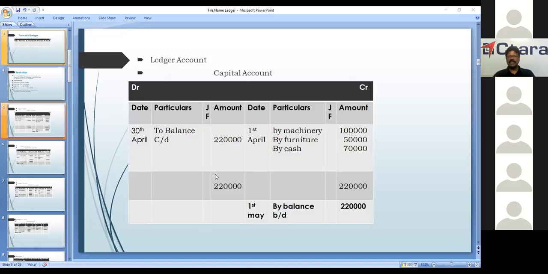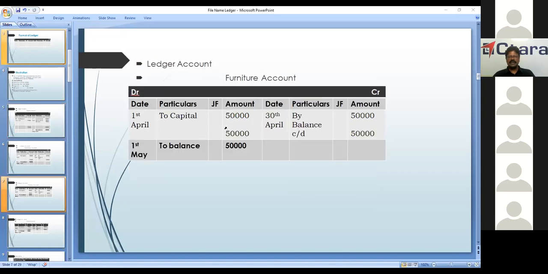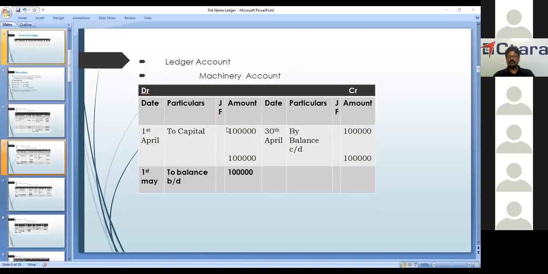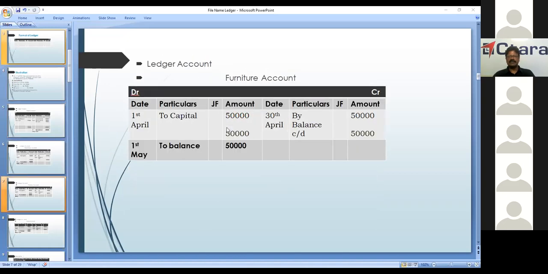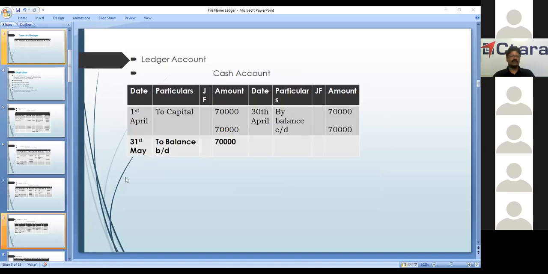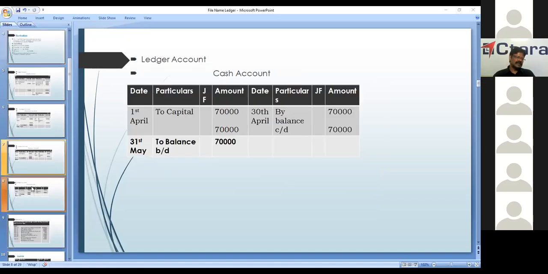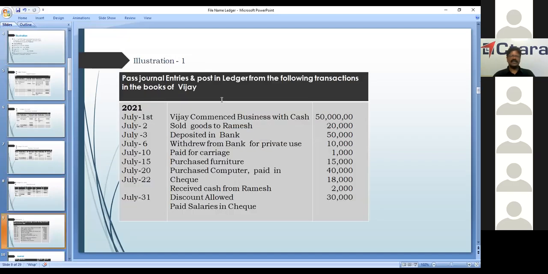And then we have opened 4 ledgers: capital account, machinery account, furniture account and cash account. We'll go to the other illustration.